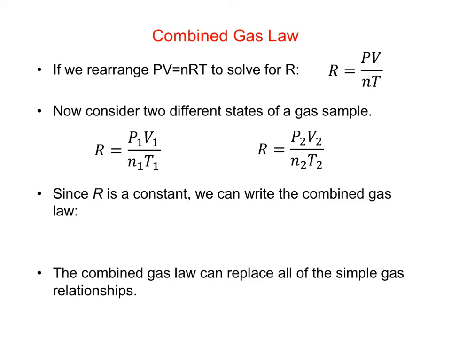Now consider two different states of a particular gas sample. The two states are pressure 1, volume 1, moles 1, and temperature 1, and then pressure 2, volume 2, moles 2, and temperature 2. The fact that R is a constant means that P1V1 over n1T1 has to be equal to P2V2 over n2T2.